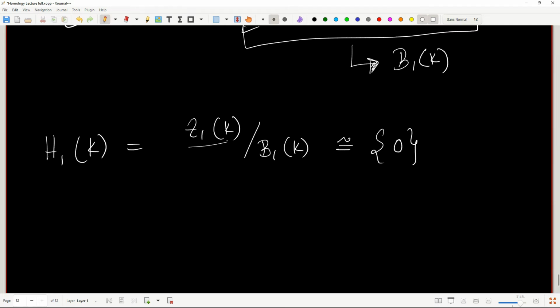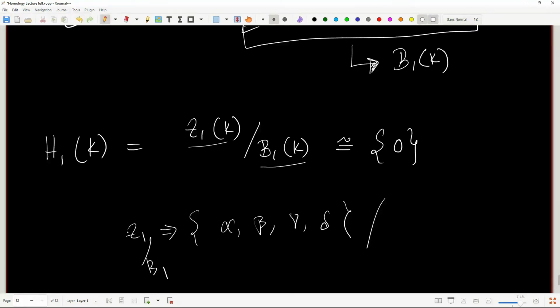Well, these two groups are the same thing. So let's say my Z1 has some elements like this: alpha, beta, gamma, delta. And if you can recall, when we mod things out, let's say B1 contains alpha and delta, suppose.